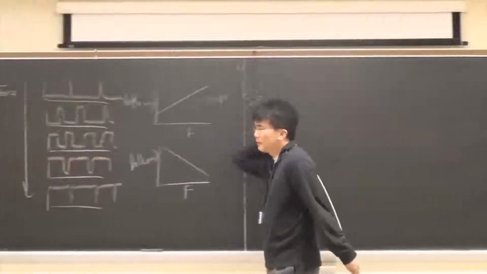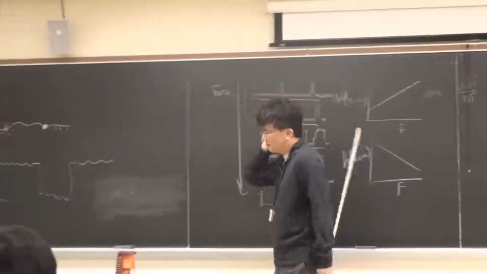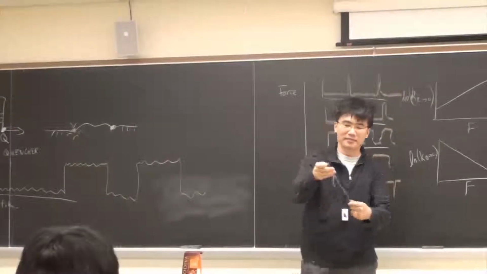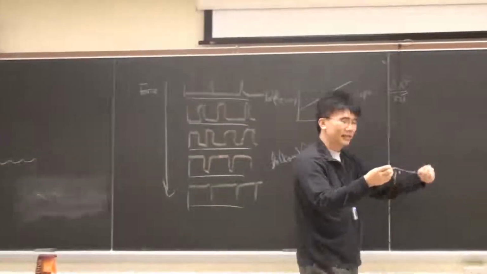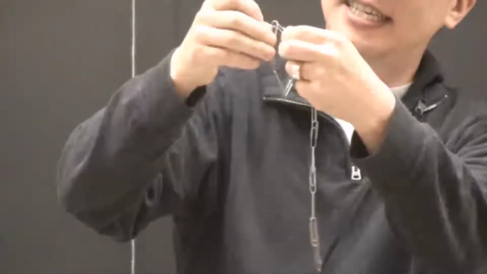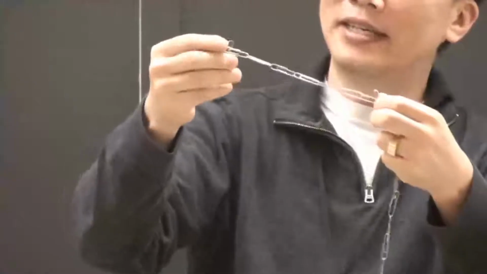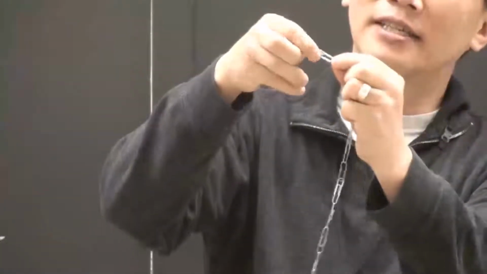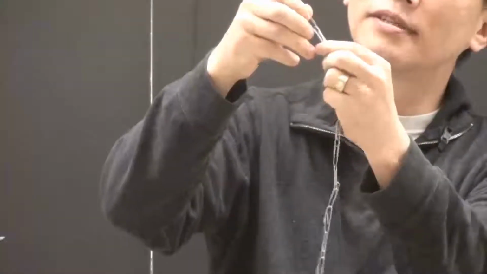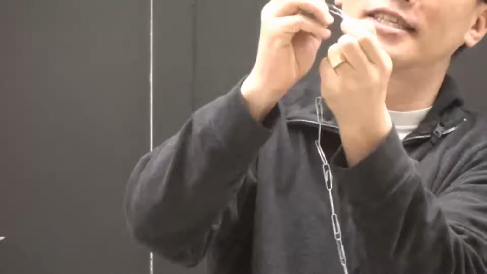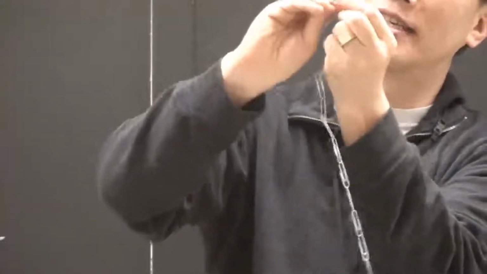All right, so I want to talk about DNA flexibility. And here's my model of DNA. Actually, it got entangled. I asked my secretary to assemble a paperclip chain of the length 25 units.